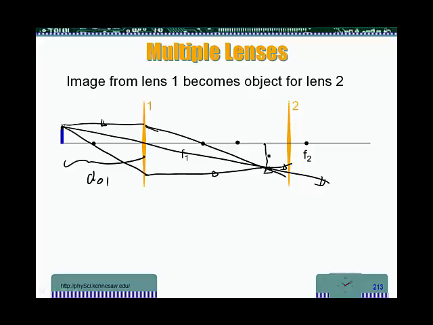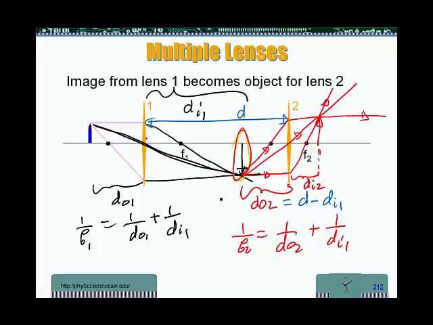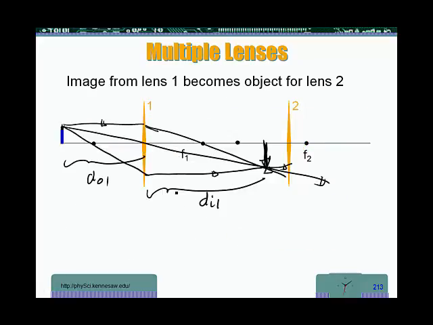This is where my image forms. So this is my DI1. I'm not writing anything here, but remember, it's the same equation as we had here. There's nothing different there.